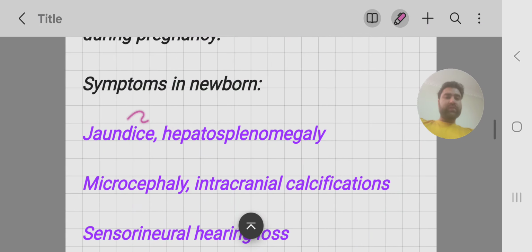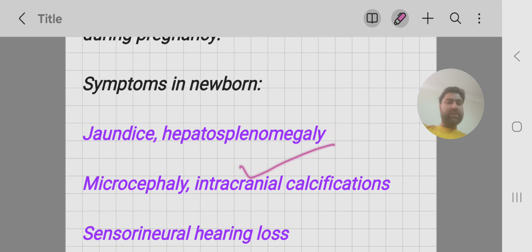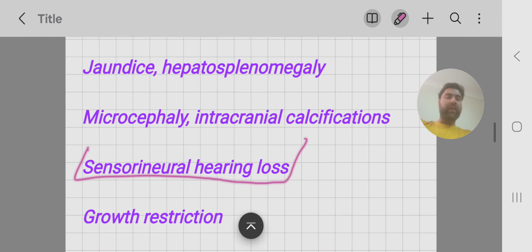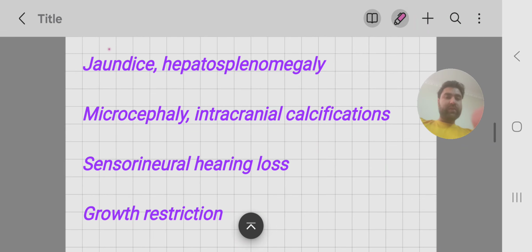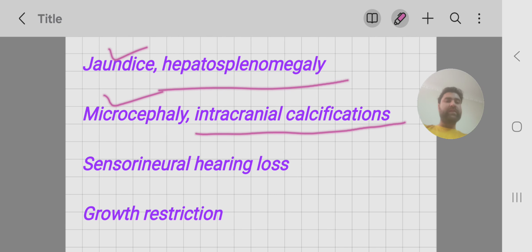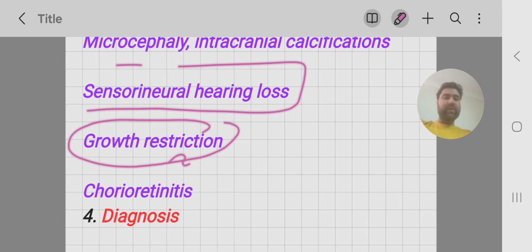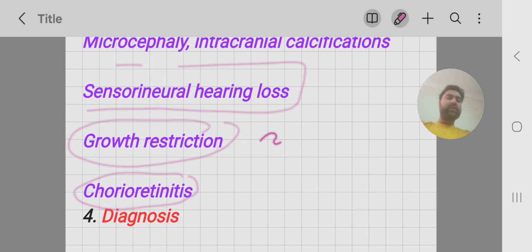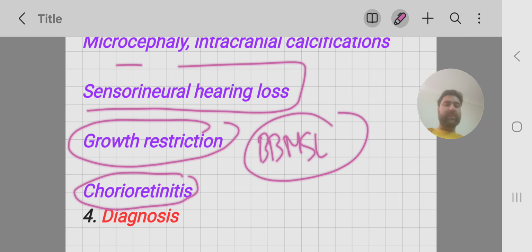Also jaundice, hepatosplenomegaly, microcephaly, small skull, intracranial calcifications, and sensorineural hearing loss in children who are exposed to CMV during pregnancy. So it can lead to jaundice, hepatosplenomegaly, microcephaly, intracranial calcifications, sensorineural hearing loss, growth restriction, chorioretinitis, and blueberry muffin skin lesions.